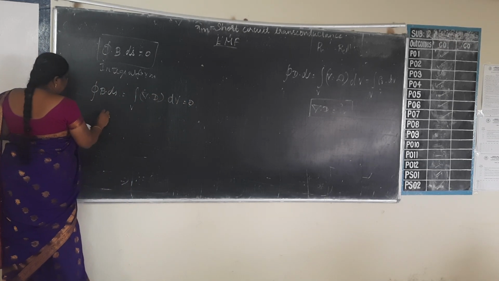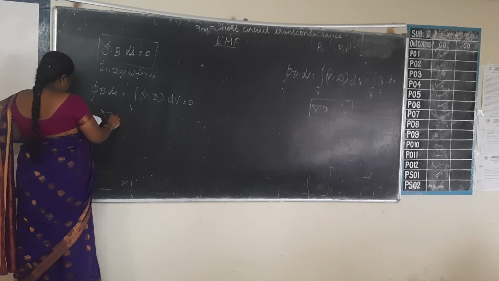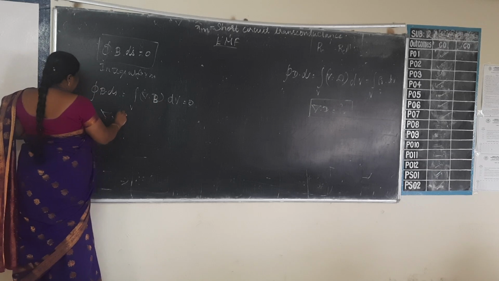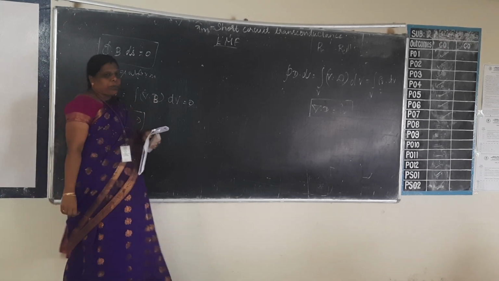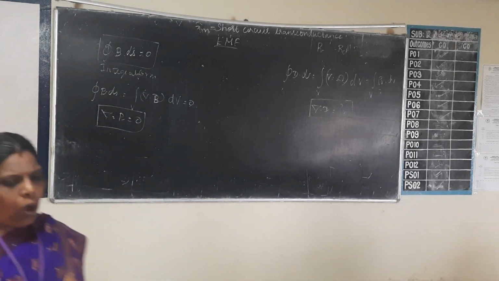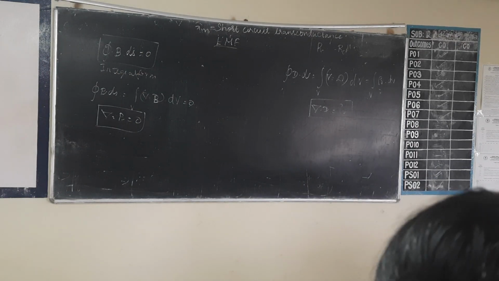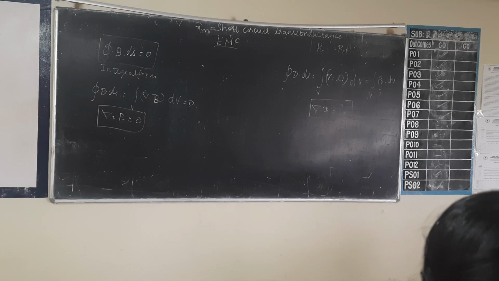So we have del dot B into dv is equal to 0. dv cannot be equal to 0, so what is the only possibility?